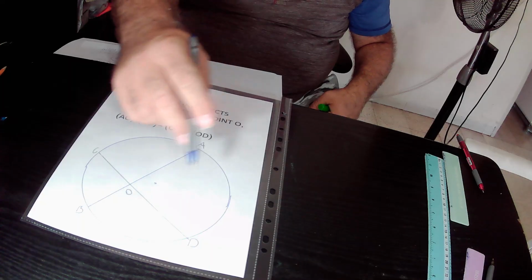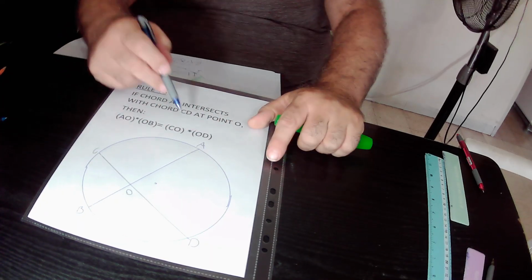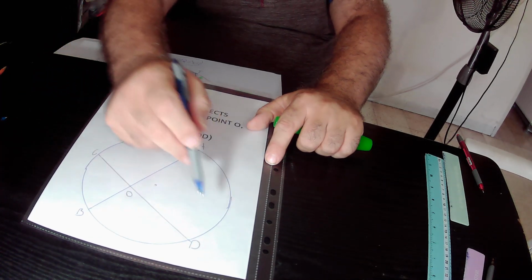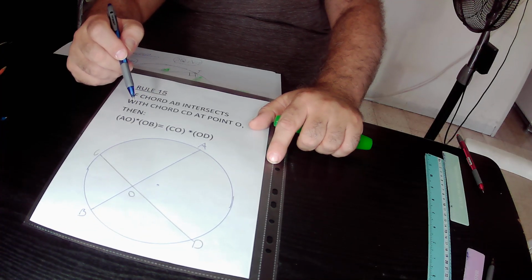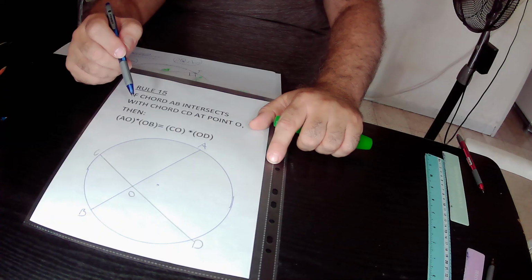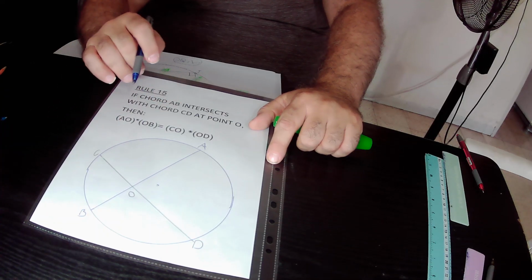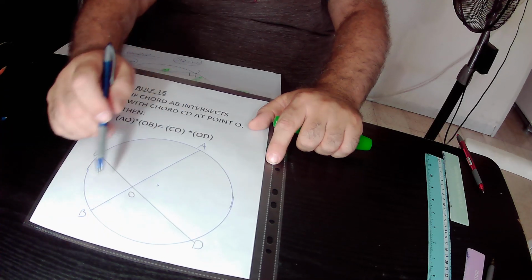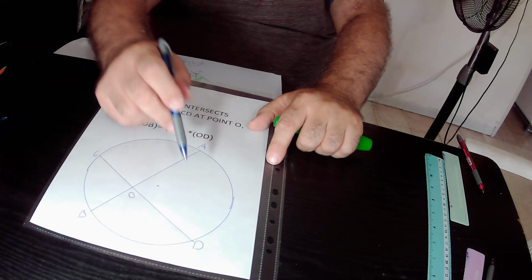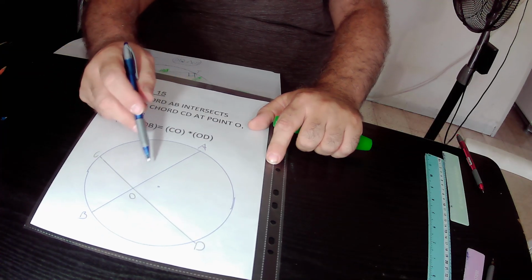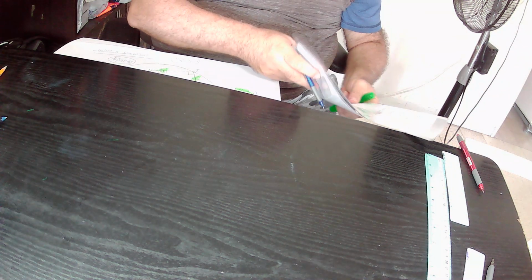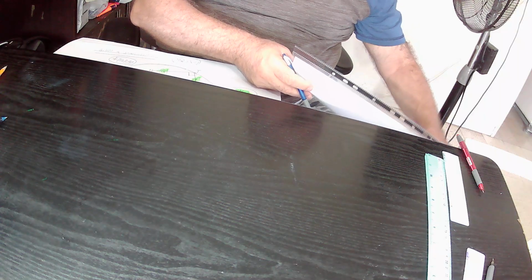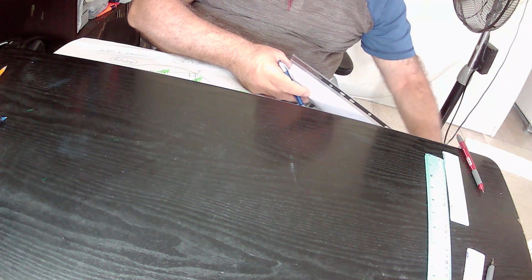In the domain we have a circle, and we have chord AB that intersects with chord CD at point O. And according to rule 15, the following equation is true: AO times OB equals CO times OD. So we can actually implement rule 15 in our domain.